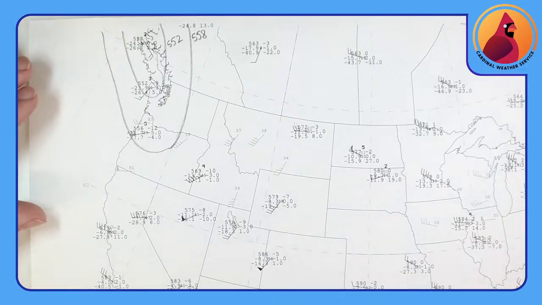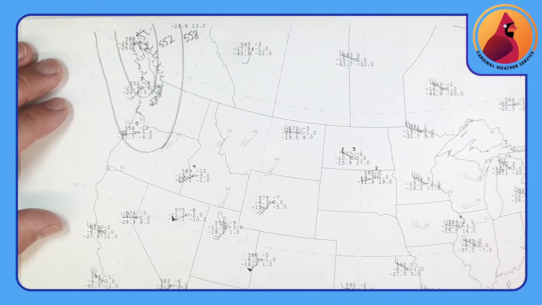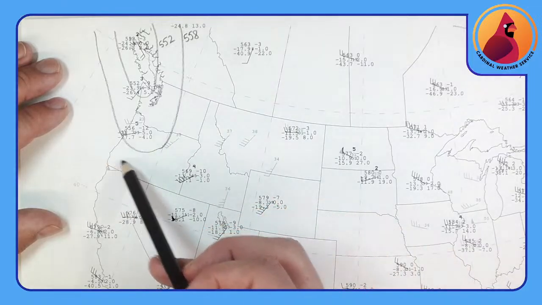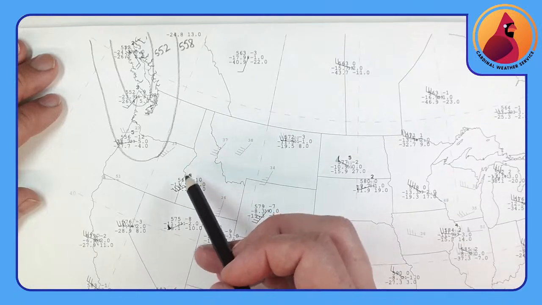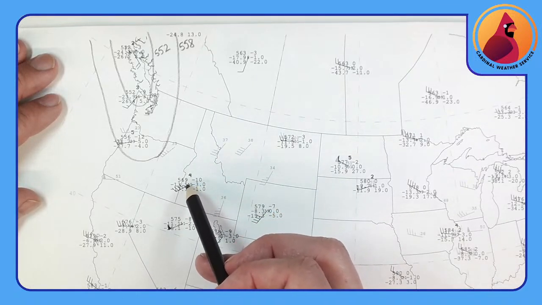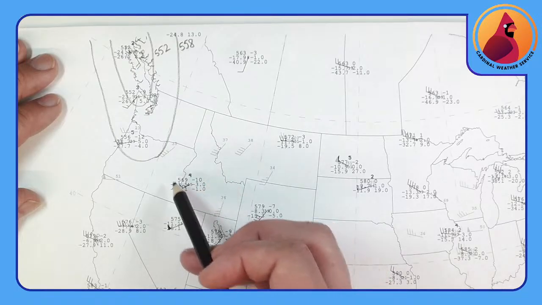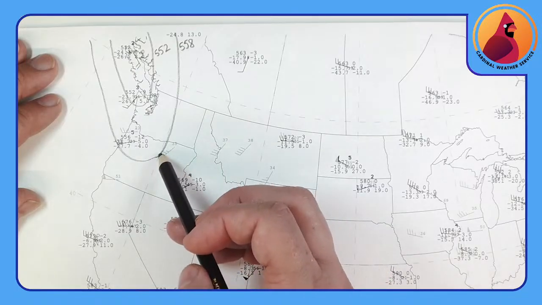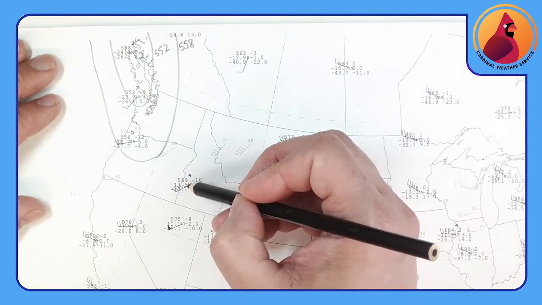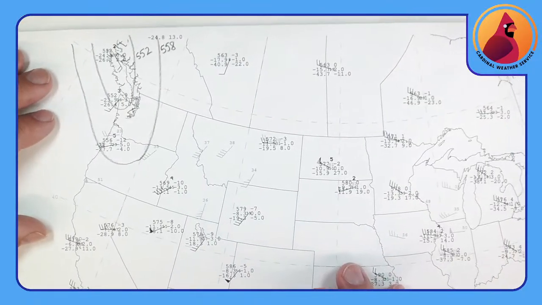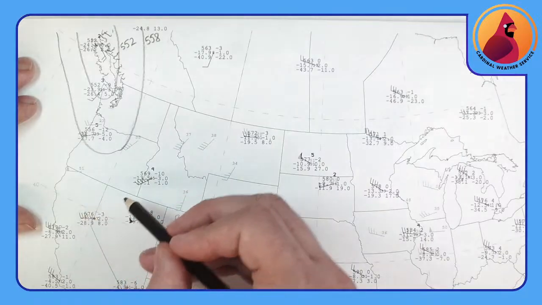The next contour is going to be 564. We're going to want to stay, because we'll have another contour down here, partway between our 558 and this 569. So I will just start here.